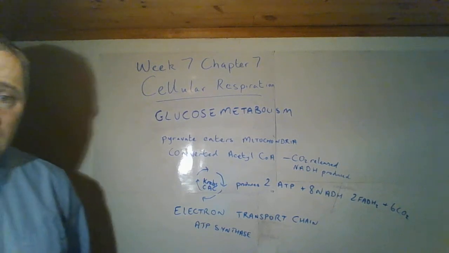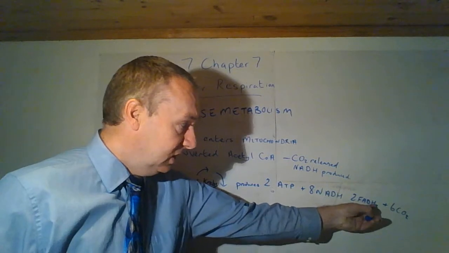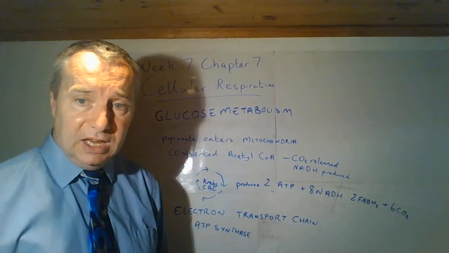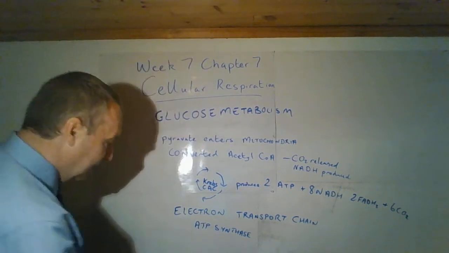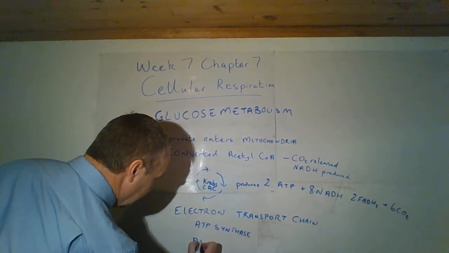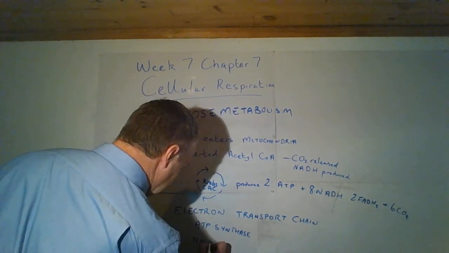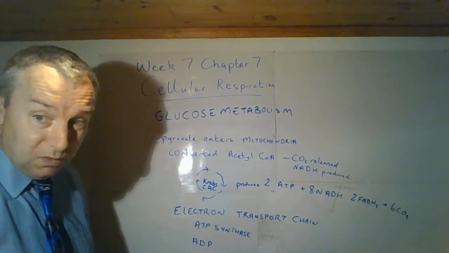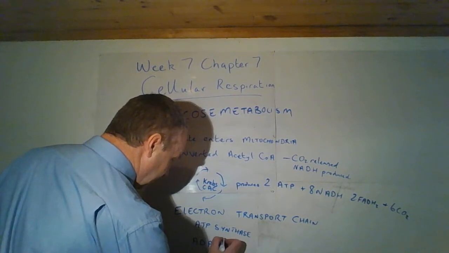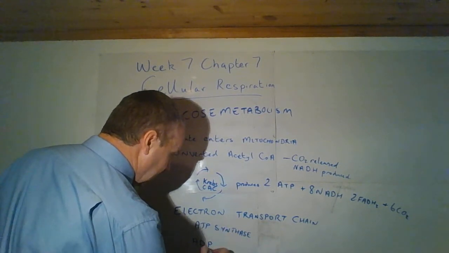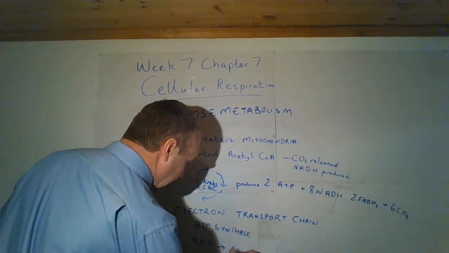And what happens there is that as each proton from one of these guys, each of these protons passes through ATP synthase, we have a reaction that makes ADP, which is adenosine diphosphate, which has 2 phosphates, not 3, and each hydrogen passing through the ATP synthase converts ADP into ATP.